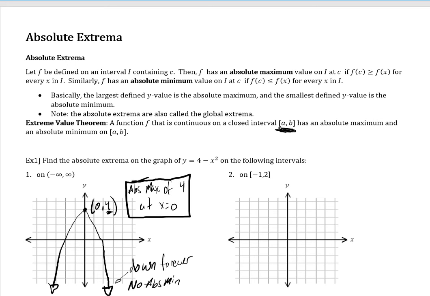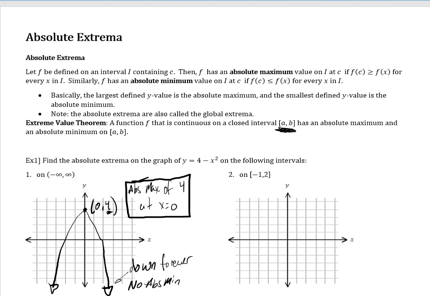And I'm going to box that up. There it is. That's a defined y value, so that's why we have an absolute maximum. It is the biggest one anywhere in this entire graph. It does not have to be at a peak. On this one, it did happen to be at a peak, but it doesn't even have to be at a peak. It is just the largest defined y value.